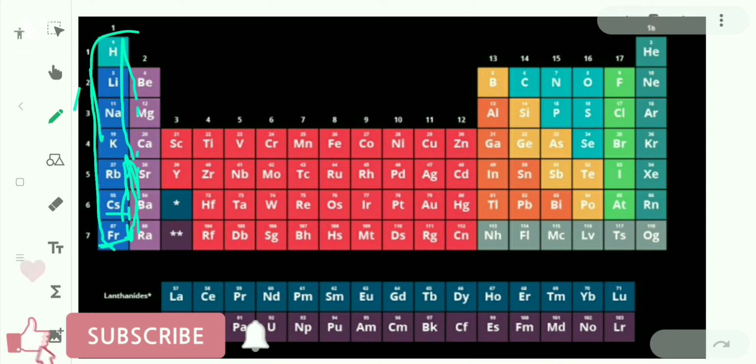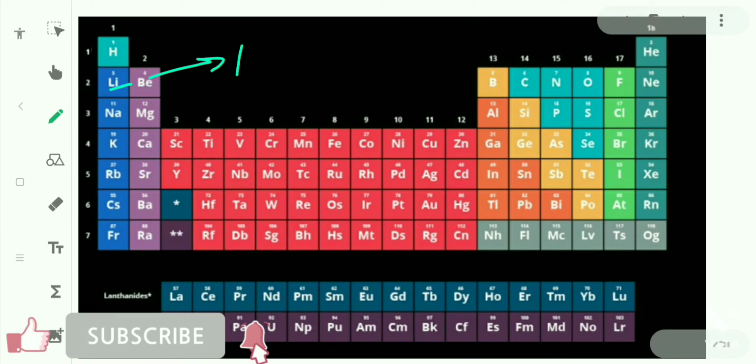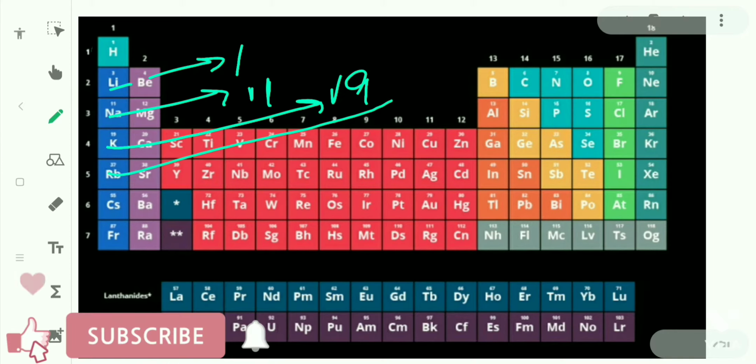When you see the atomic numbers of these alkali metals: lithium has 3, sodium has 11, potassium has 19, rubidium has 37, cesium has 55, and then francium has 87.